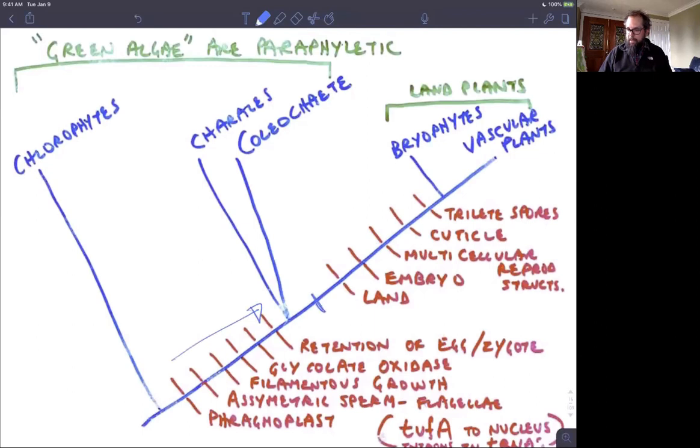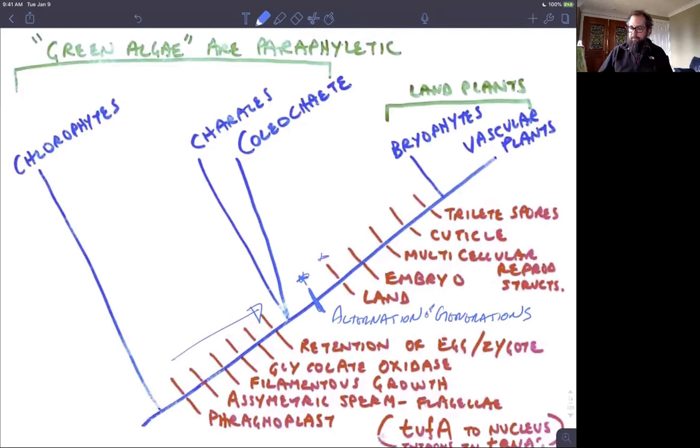The one that's not listed on here that I want to put right now is the alternation of generations. There are 6 synapomorphies for land plants, and alternation of generations is one of them. So that life cycle evolution is an important one.